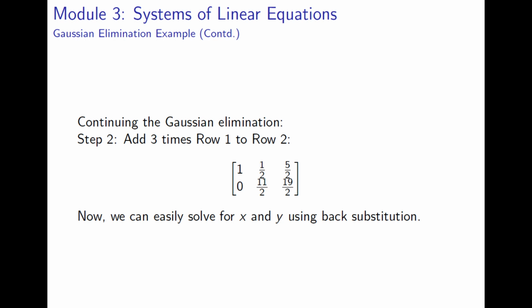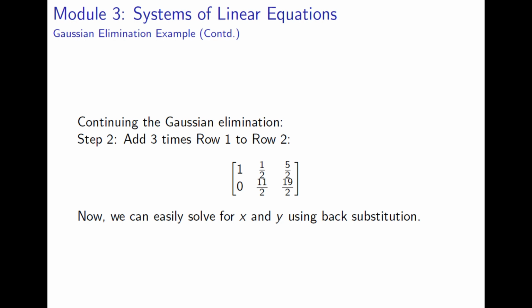The column that contains this leading entry is known as a pivot column. 3. Row position of leading entries: the row in which the leading entry occurs is below the row of the leading entry in the preceding row. 4. All zero rows at the bottom: any row containing only zeros is placed at the bottom.